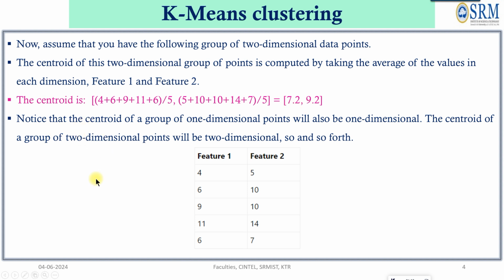Please notice that the centroid of a group of one-dimensional points will always be one-dimensional, and the centroid of a group of two-dimensional points will be two-dimensional. If you have multiple dimensions or features, it increases accordingly.